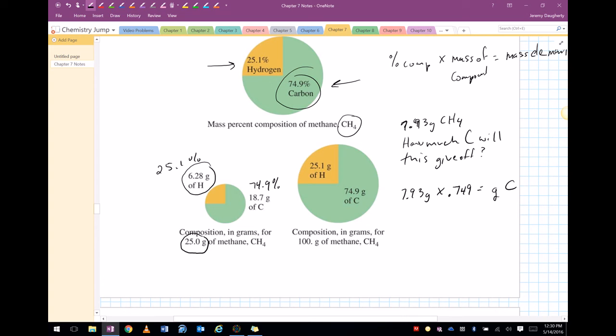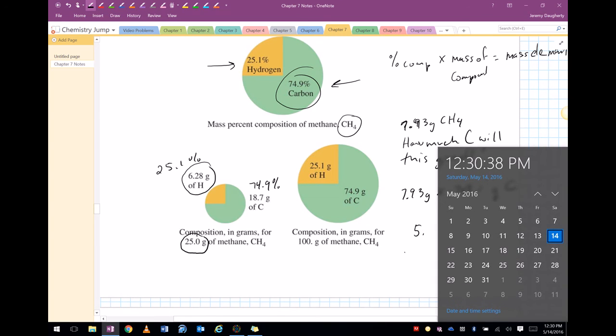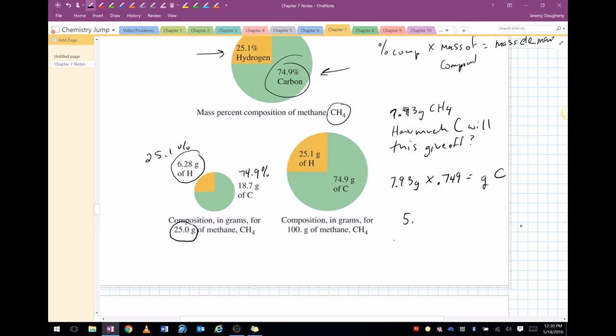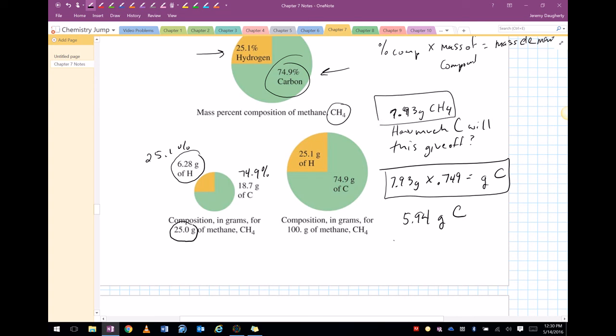So I got 7.93 times 0.749, and that is about 5.94 grams of carbon. So if I perform a chemical reaction with this much CH4, I will get this much carbon out of it, which is a pretty useful thing to know. And again, that's percent composition by mass. By mass, very important.